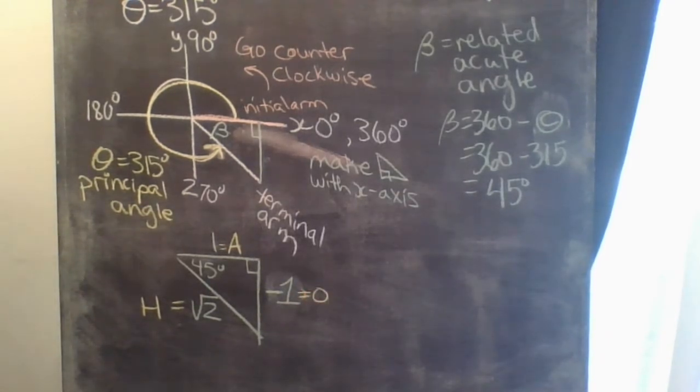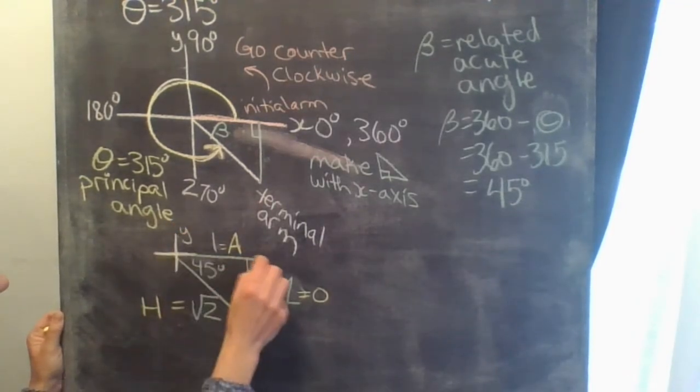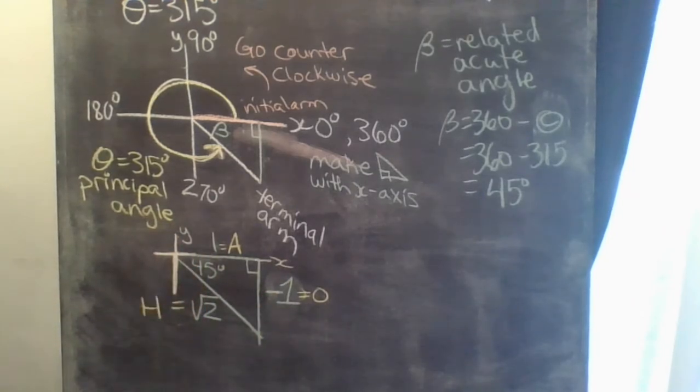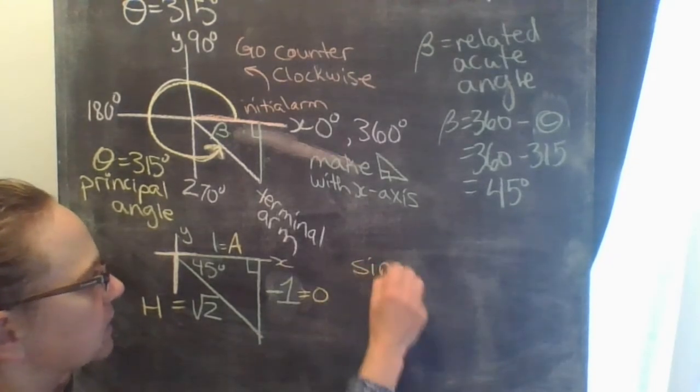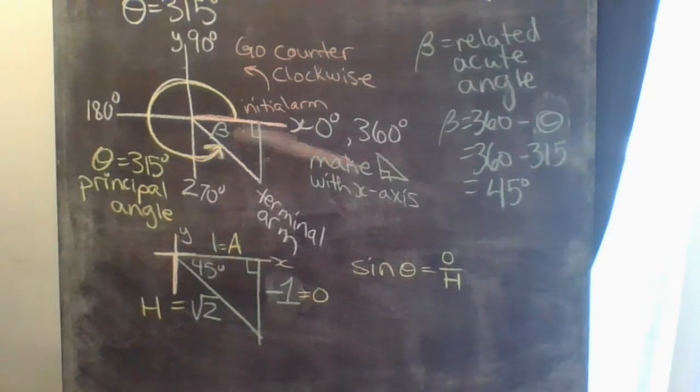And that has to be the case because if there's my x and there's my y, I'm down in the negative y values down below. Okay, so let's write them out. Sine angle is opposite over hypotenuse. So that means sine angle is going to be negative 1 over root 2.